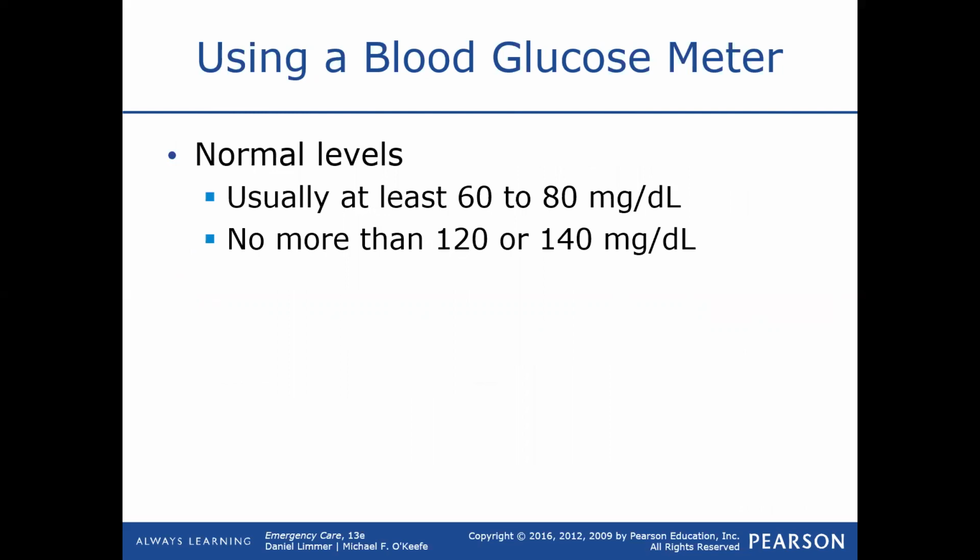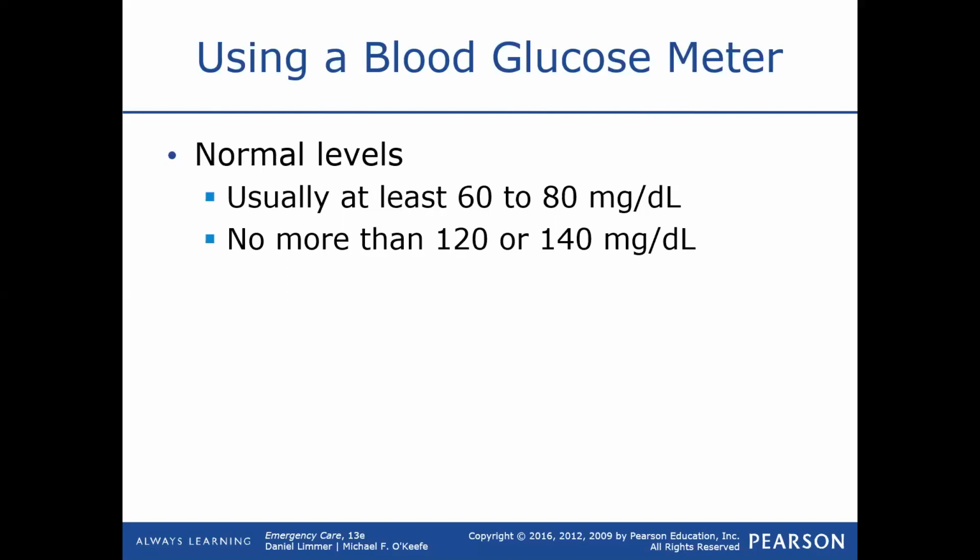Now, I don't like this slide. I don't like to get into normals when we talk about glucometry. Everybody is a little bit different. So generally speaking, if you have a patient who's altered mental and their blood sugar is in the 60s or below 60, it's probably why they're altered, okay? We shouldn't be seeing readings any more than 120 to 140, okay?